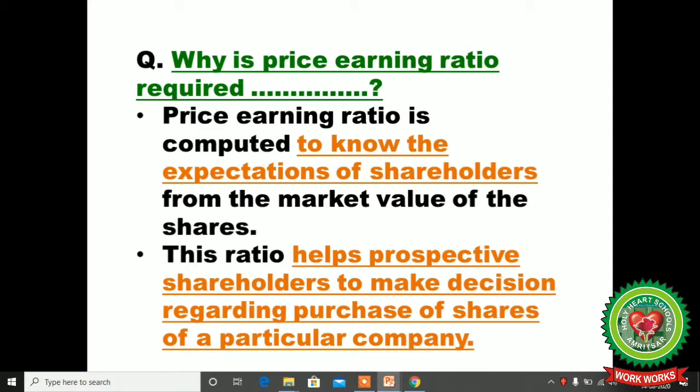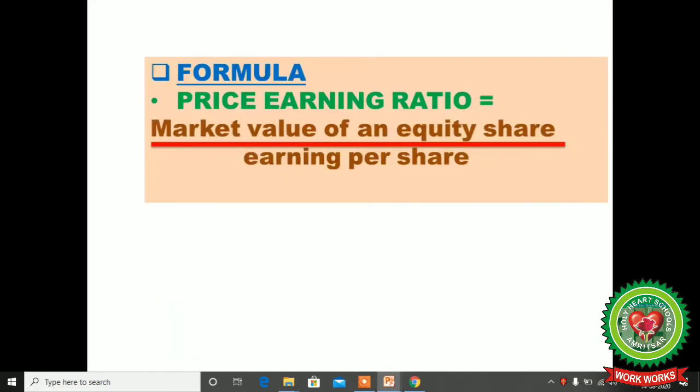This ratio helps the prospective shareholder to make the decision regarding the purchase of shares of a particular company. Like suppose you are not yet a shareholder of the company, but you want to purchase the shares of the company. For this, you firstly check the price earning ratio of the company. If satisfactory, then you are ready to invest the money, otherwise no. Okay, for this purpose you need the price earning ratio.